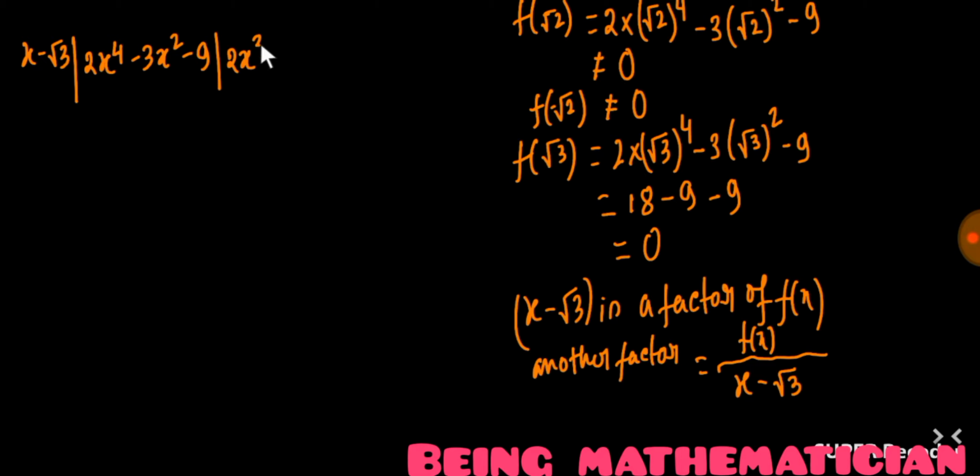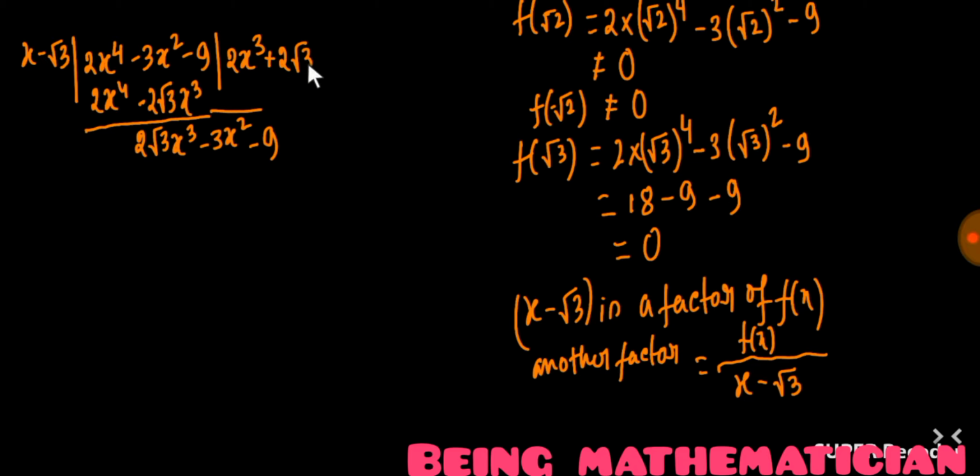We take 2x cube, so that is 2x to the power 4 minus 2 root 3 x cube. Subtracting this, we get 2 root 3 x cube minus 3x square minus 9. So now plus 2 root 3 x square, so we have 2 root 3 x cube minus 6x square. Now subtracting this, we get 3x square minus 9.